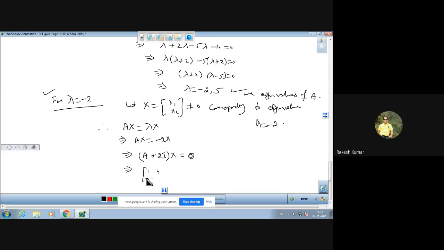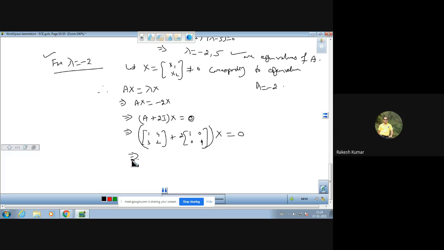A is 1, 4, 3, 2, plus 2 into I, which is 1, 0, 0, 1, into x is equal to the null vector. Let us solve this, and we get 3, 4, 3, 4 into the x vector. The x vector is (x1, x2), and this is the null vector, 0, 0 column vector.